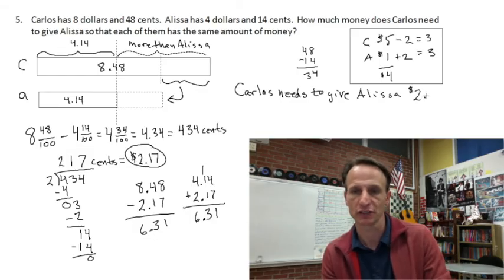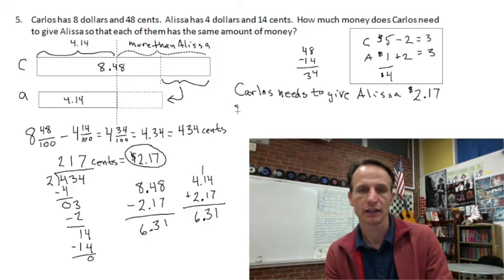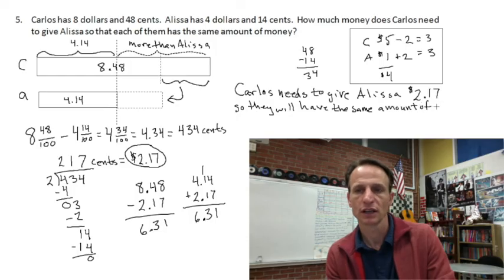That's our actual answer amidst all the other math we did. $2.17. So they will have the same amount of cashola.